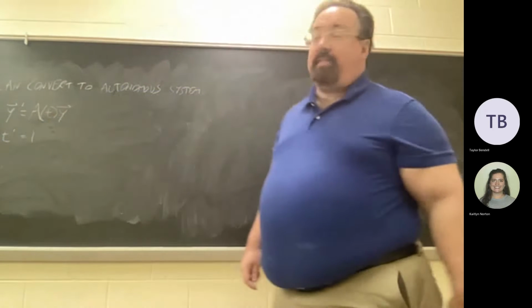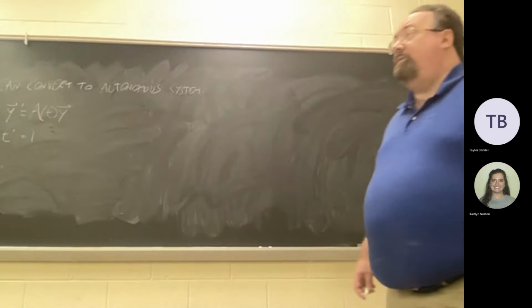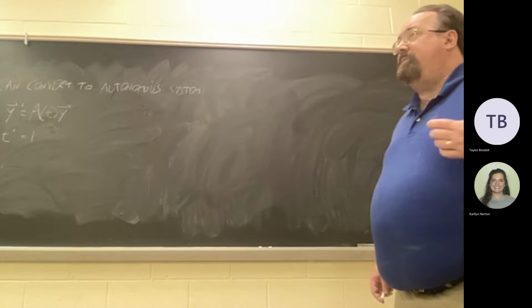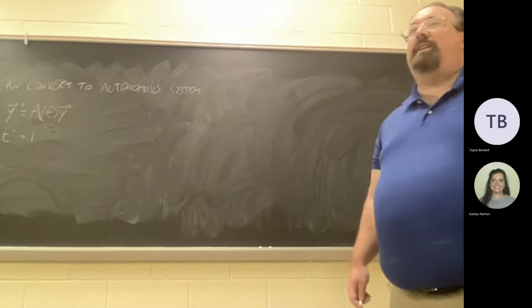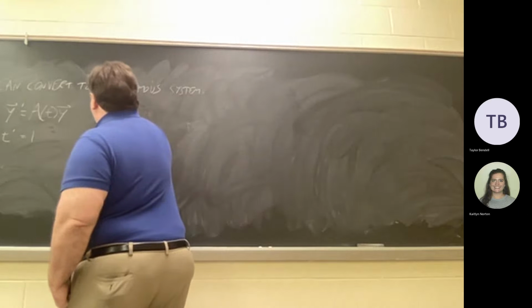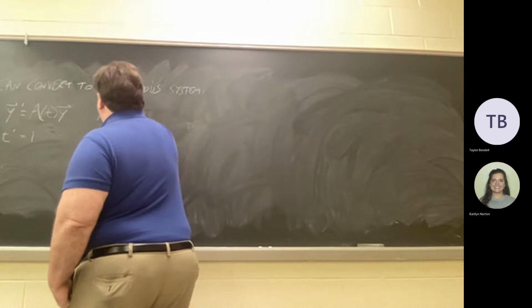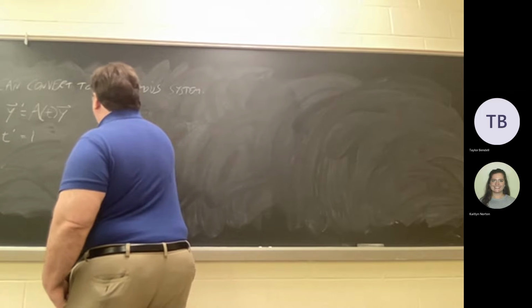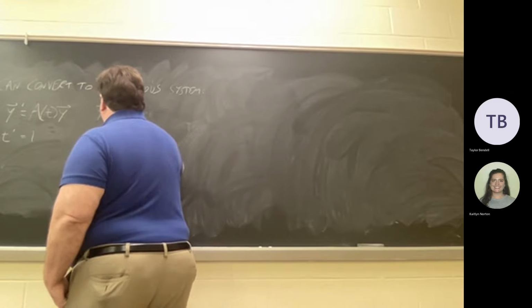So you make your t variable, which is originally just an independent variable, now a dependent variable. And then the initial condition, before we had y of 0 is y0, the given initial condition, and then t of 0 is 0.